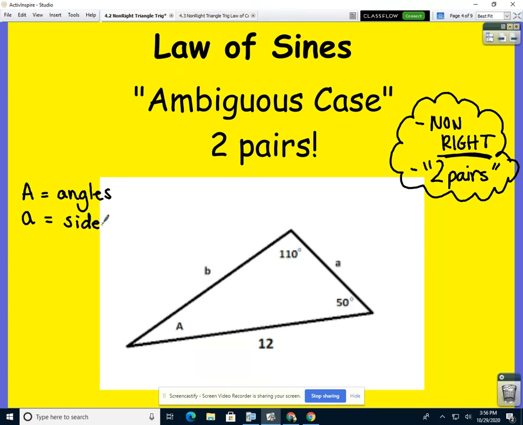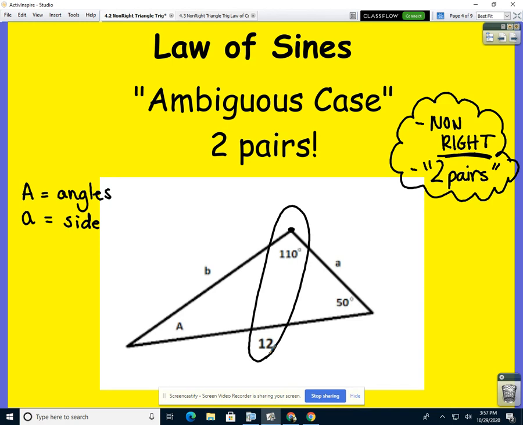And then a pair means that the angle that you're looking at, in this case angle 110, will match up with the side that is across from it. So 110 degrees and 12 will be considered a pair, right? Because they're across from each other, they're opposite, they're not touching.